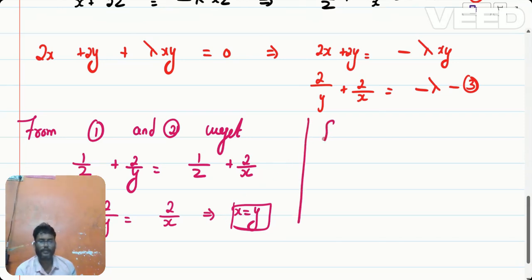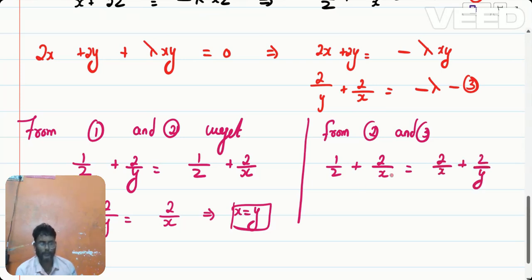Similarly from 2 and 3 we get 1 by z plus 2 by x equal to 2 by x plus 2 by y. So 1 by z equals 2 by y, so y is equal to 2z.